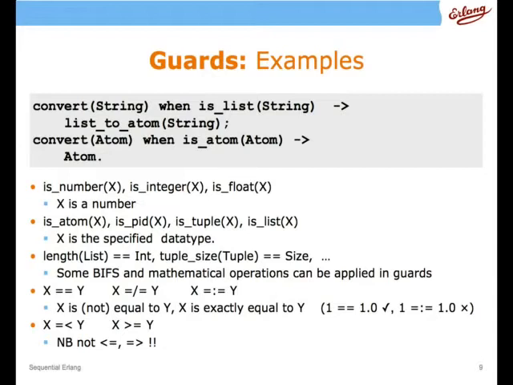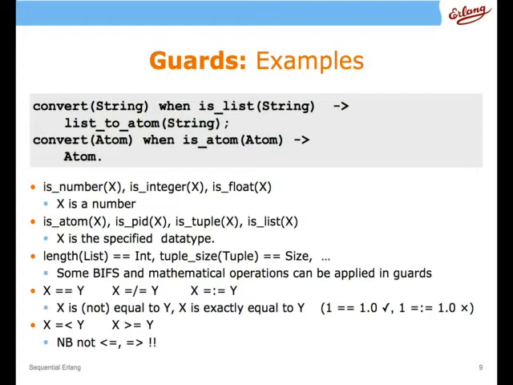To check equality, you have equals equals. To check inequality, you have equals slash equals. To check exact equality, you have equals colon equals. An example of the difference between equality and exact equality: 1 and 1.0 are equal, but they're not exactly equal.